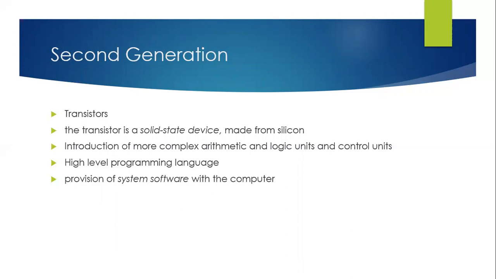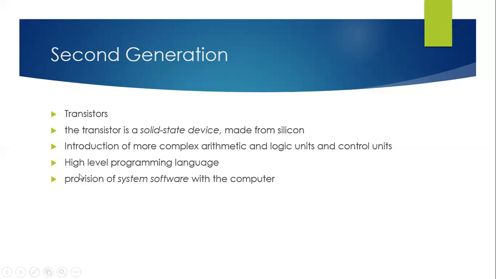Now let's discuss second generation computers. In second generation computers, transistors were used. A transistor is a solid state device. It is made from silicon. And in second generation, more complex arithmetic and logic units and control units were introduced.